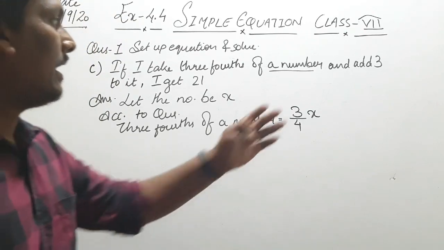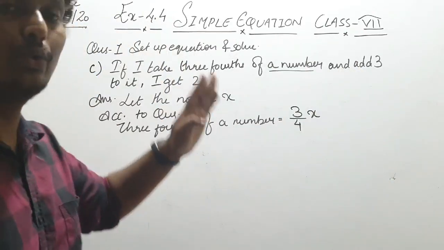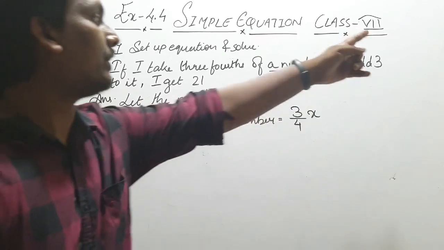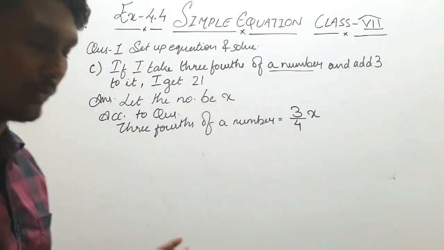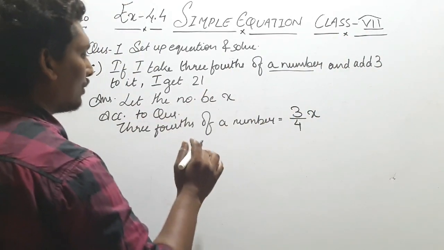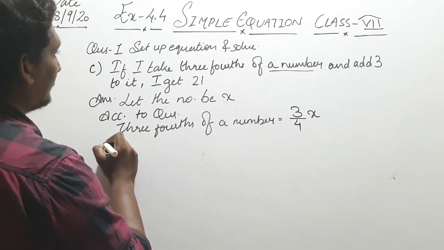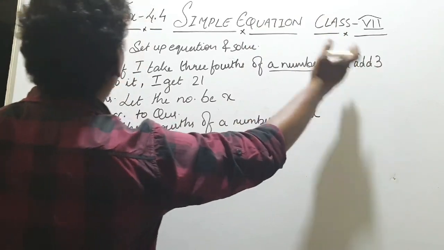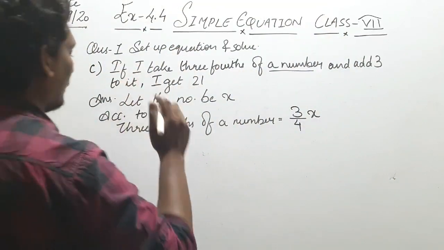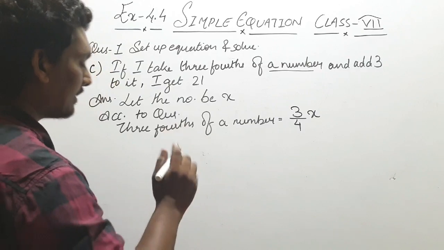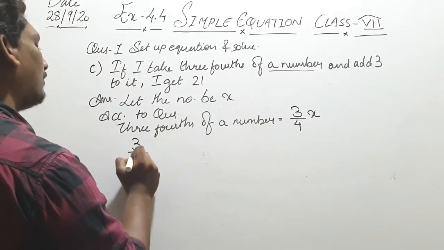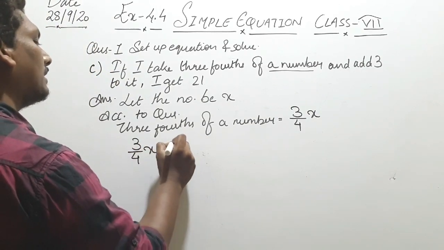Now the next is, and add 3 to it. We have to add 3 to this 3/4x. So when we add 3 to it, the equation will be like this: 3 by 4x plus 3.